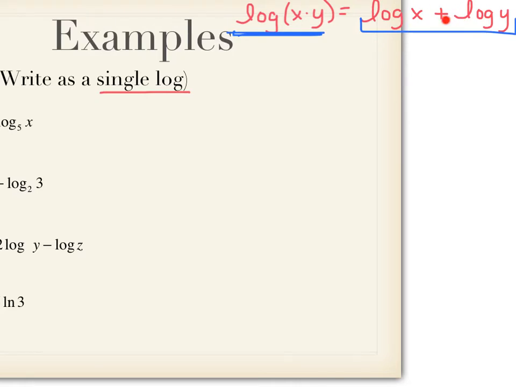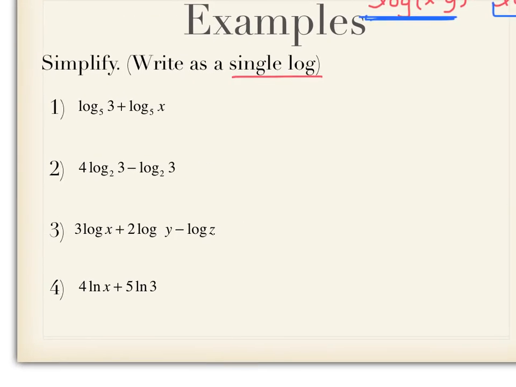But remember that addition really becomes multiplication. Subtraction would really become division. Okay? So this right here tells me that I'm going to combine this piece and this piece with multiplication, because addition, when you're adding exponents, it's because you're multiplying the powers together. Okay.